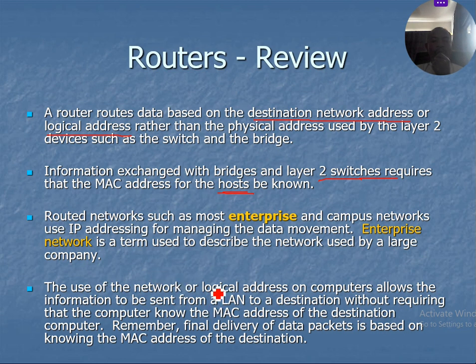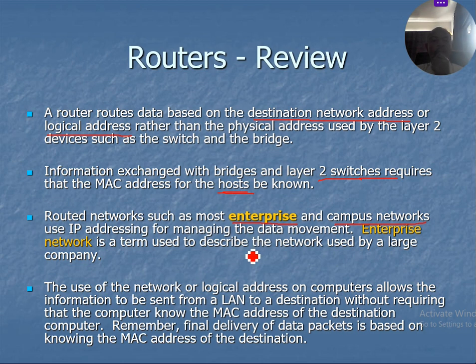Now, when we are talking about router networks, we're looking at enterprise networks. By enterprise network, we are usually referring to large companies, or a campus network, which is also a large organization.